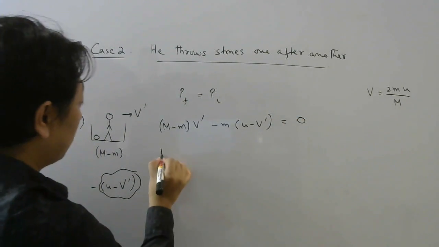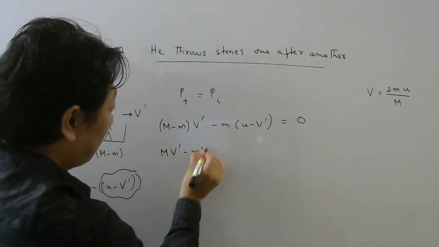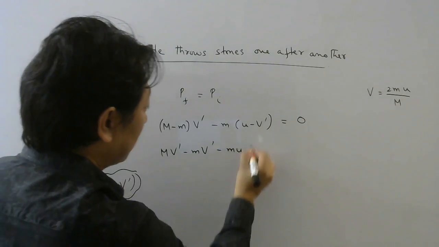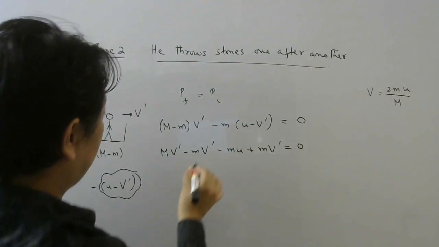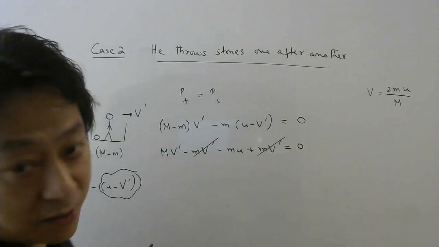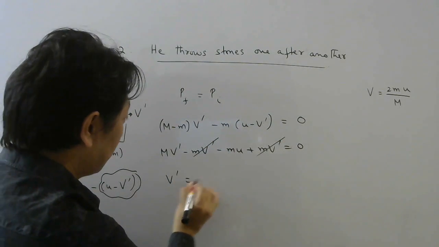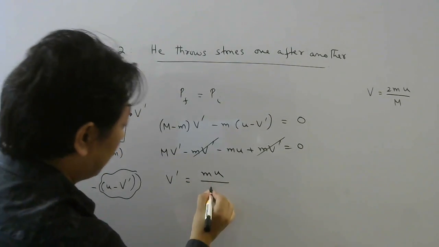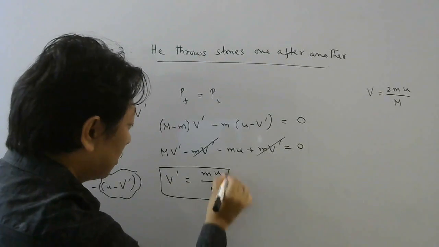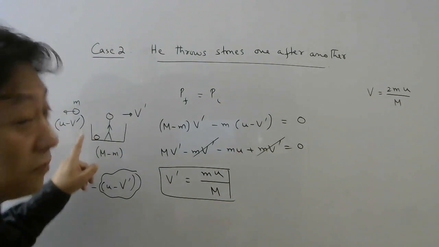Now simplify this: you will get Mv dash minus mv dash minus mu plus mv dash equals 0. And here minus mv dash plus mv dash will cancel. So v dash will be mu divided by this capital M. So this is the velocity after you have thrown the first stone.